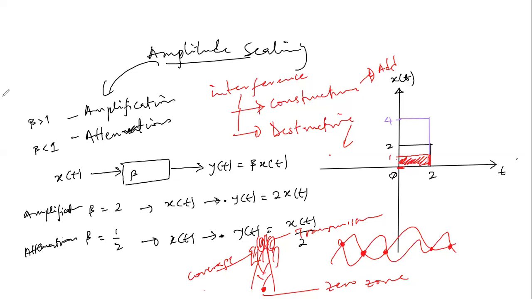Explain in a way I understand? Okay, sir. So what I meant was that in time scaling, x of 2t is supposed to be compression, not amplification, sir.